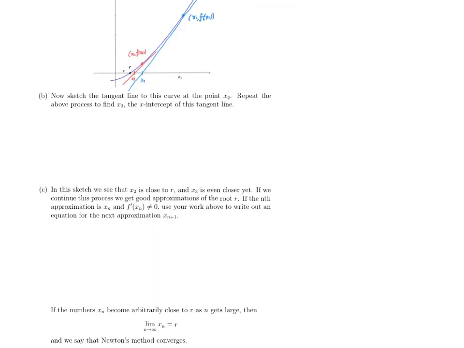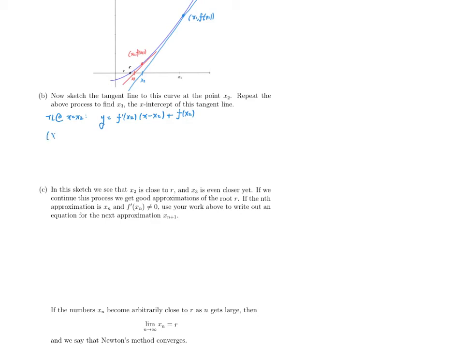And now to solve for x3, we're going to play the same game that we played a moment ago. The red line that we see above is the tangent line to the curve at x equals x2. And we can write down an equation for this. y is equal to f prime x2, the slope of that tangent line, times x minus x2 plus f of x2. And by definition, we've made x3 the x-intercept of that line.